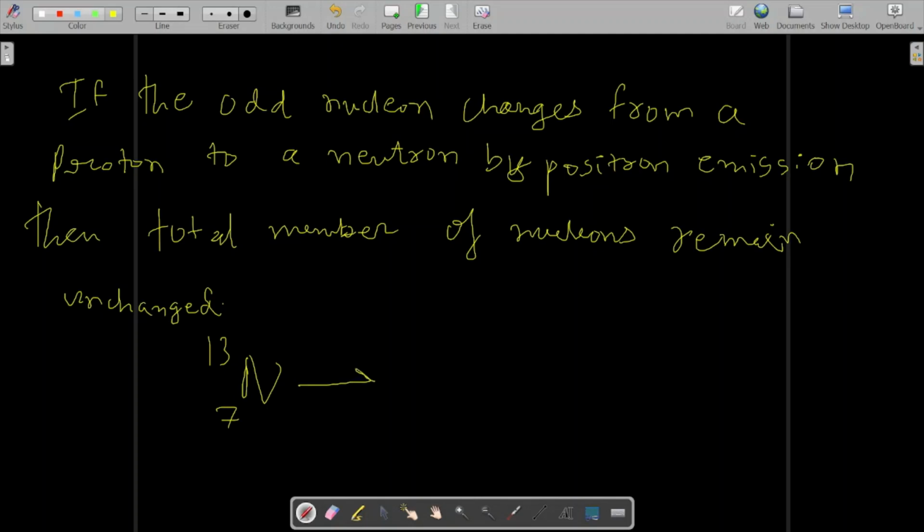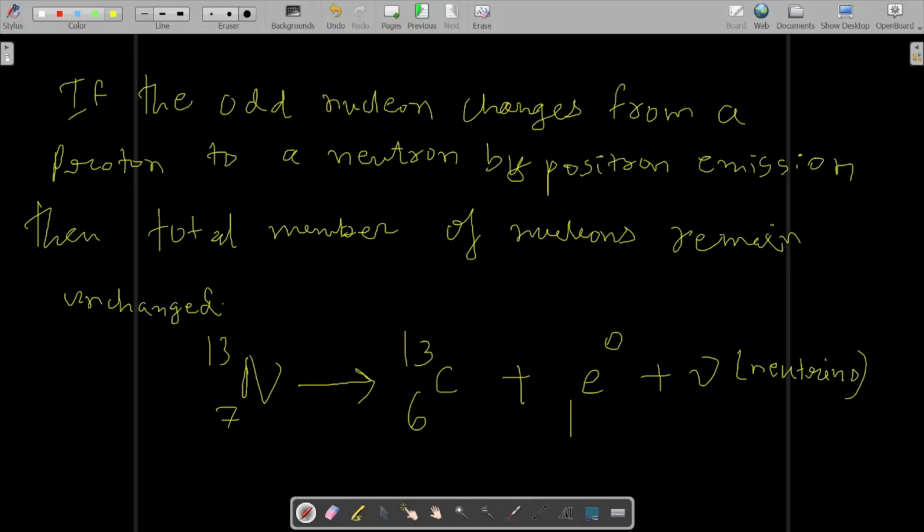This N-13 isotope will change to C-13 (carbon, atomic number 6) by the emission of a positron, e+, plus a neutrino. You will learn about these reactions in upcoming classes in depth, but for the time being it is beta plus emission, which you will study in beta decay.